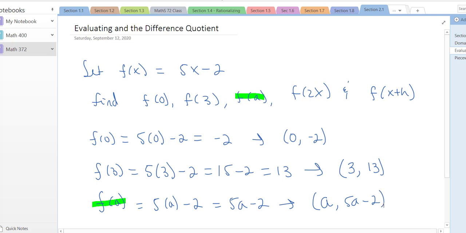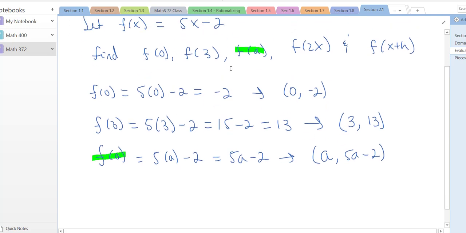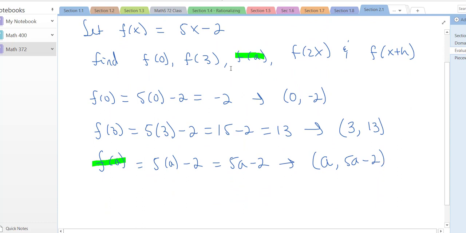So this function is a rule that takes the input x, multiplies it by 5, and subtracts 2. So writing in words what the function is doing can help you when you have things that are not numbers inside. So let's look at the next one, f of 2x. Now I want to find f of 2x.